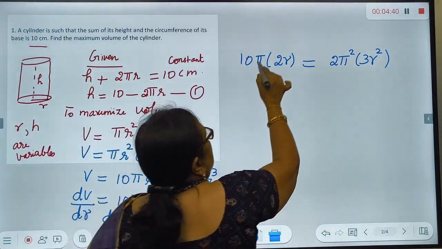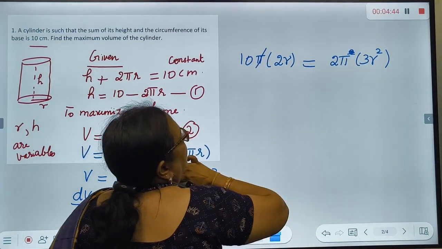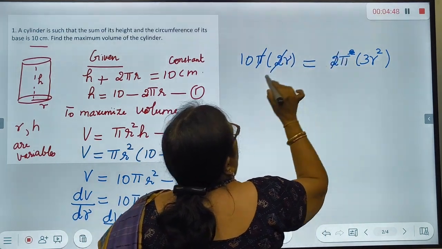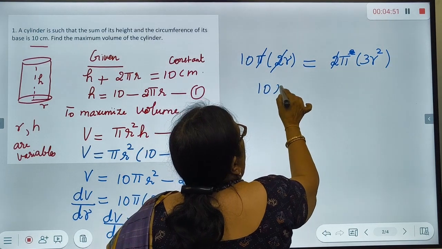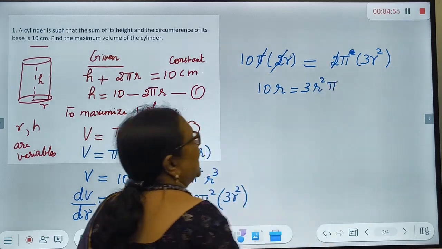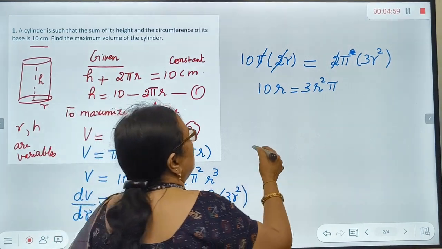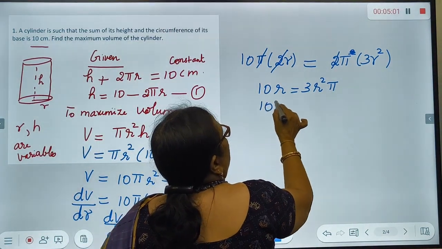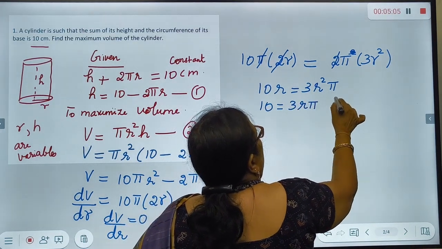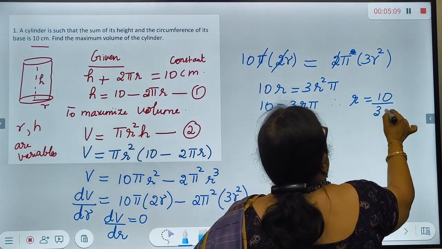Okay, so let me first get rid of 1 pi. So this will be gone, right? Then 2 gets cancelled. So I will have 10r equal to 3r square pi. I can cancel off r because r is a radius and cannot be equal to 0. So 10 equal to 3r pi. Therefore, r equal to 10 by 3 pi.